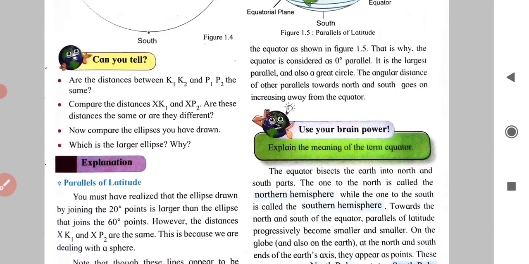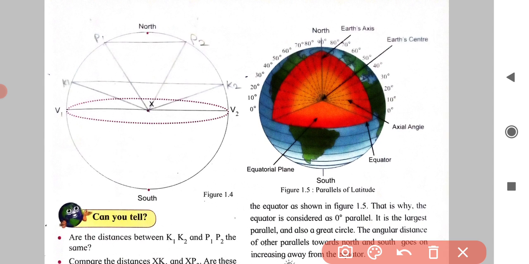Now dear student, I will show you. This is the north side, this is the south side, and the part north of the equator is called the northern hemisphere, and the downside part, at the south side, is called the southern hemisphere.